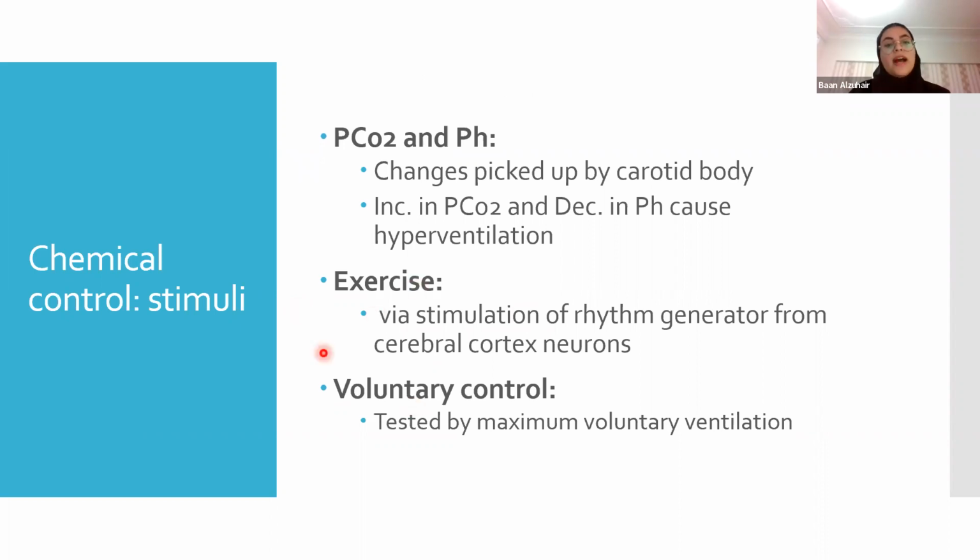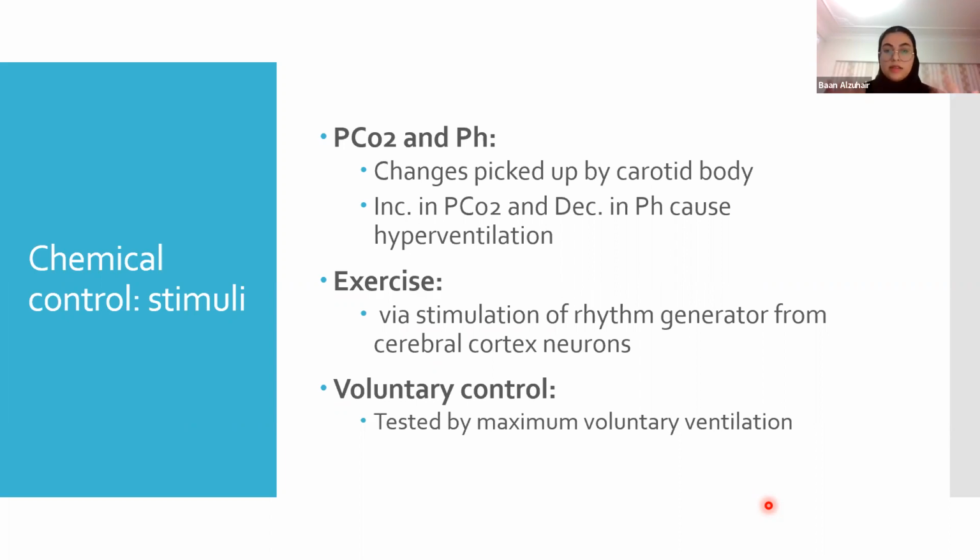The last stimulus we have is voluntary control. Voluntary control is tested by a clinical test called maximum voluntary ventilation. This test measures the overall condition of the respiratory apparatus, including mechanical properties of the chest and lungs, strength of the respiratory muscles, and flow resistance properties of the airway.